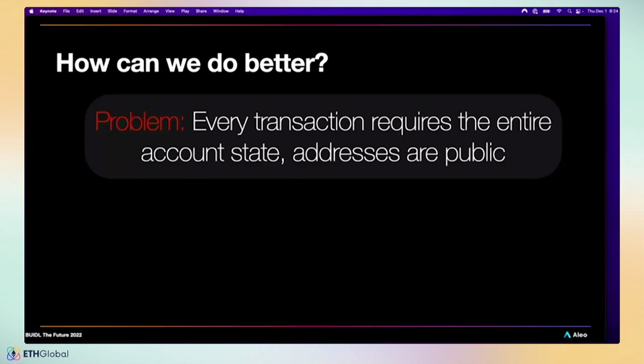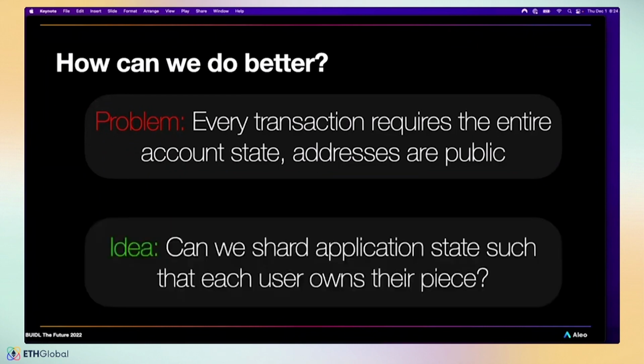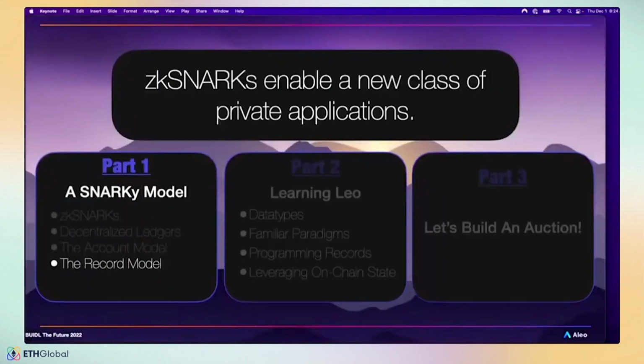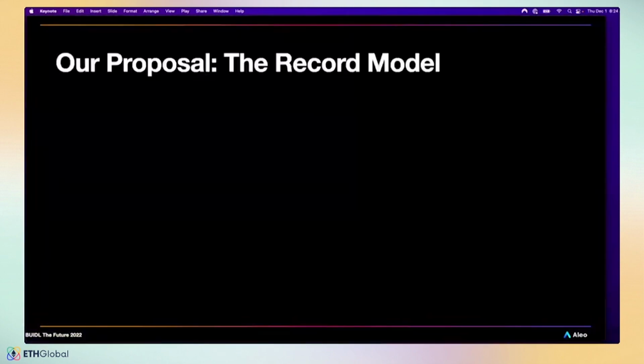So that's inefficient. There's no concurrency there. And another problem is that addresses are public. So the idea that we've come up with is: can we shard application state such that each user owns their own piece? And really, if you build upon this idea, you arrive at the record model.